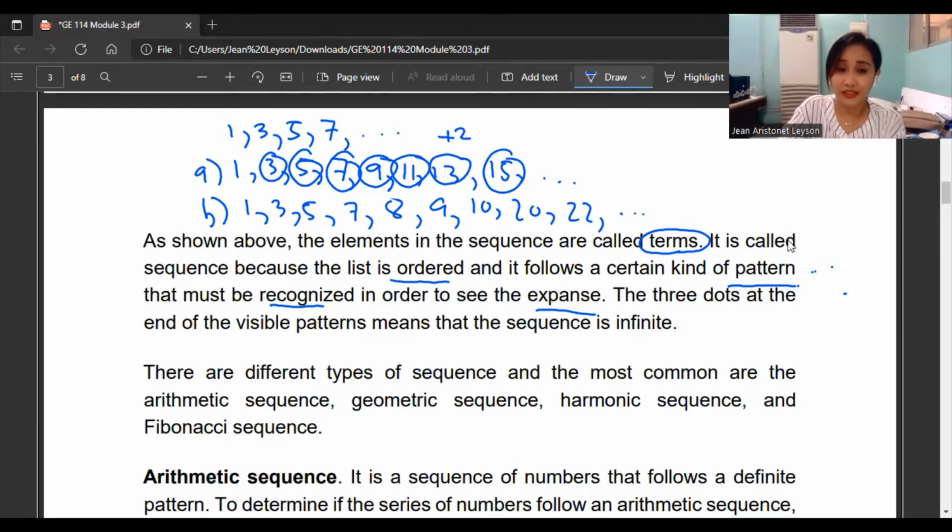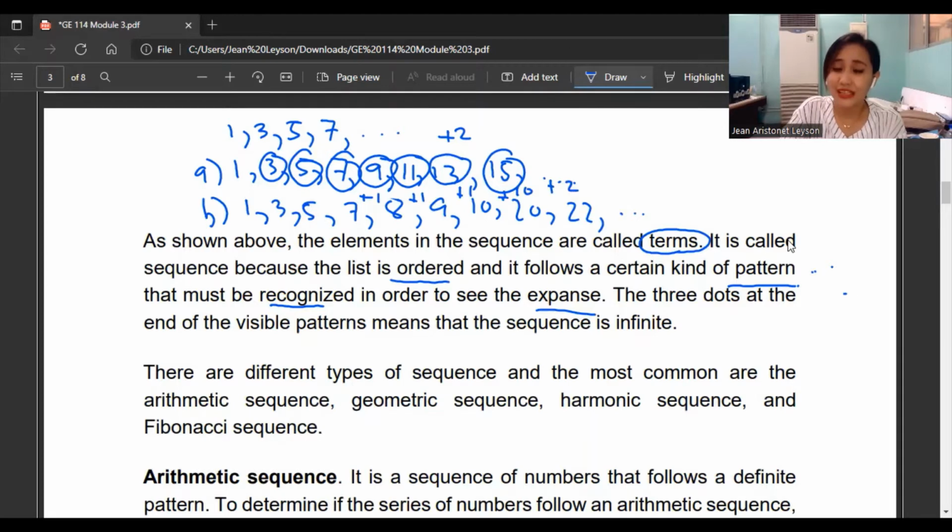Whereas for the second set of numbers, set B, the pattern holds only for the first 4 terms. When we arrived at the 5th term, the pattern changed. It turned to adding 1 instead of 2. And in the succeeding terms, to get the next number, it turned to adding 10, and here we added 2.